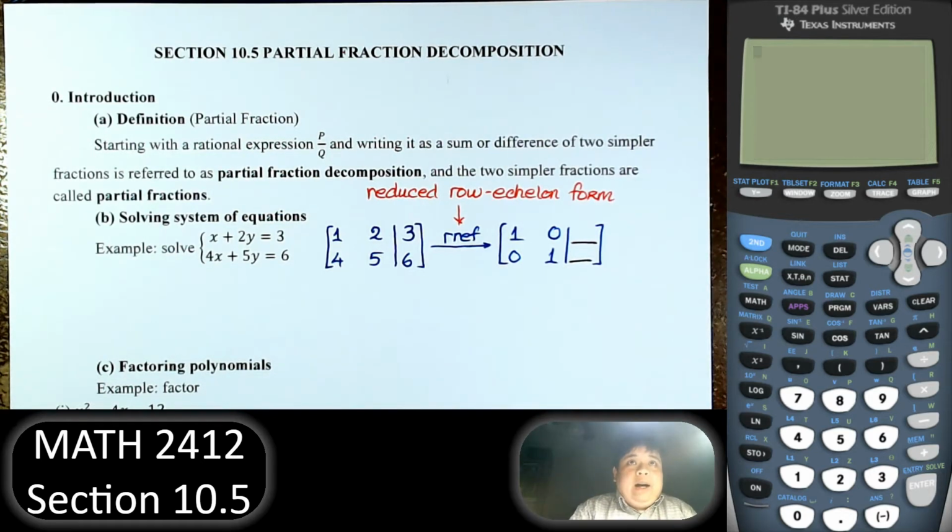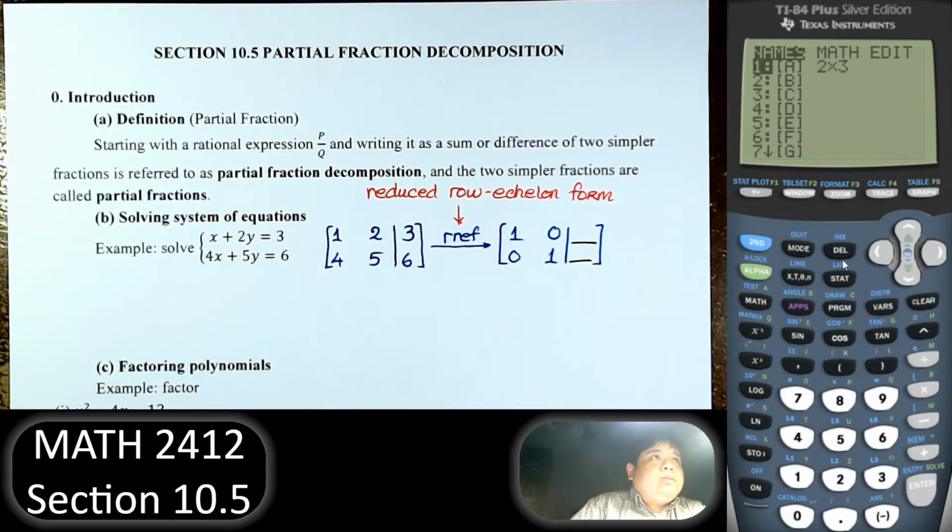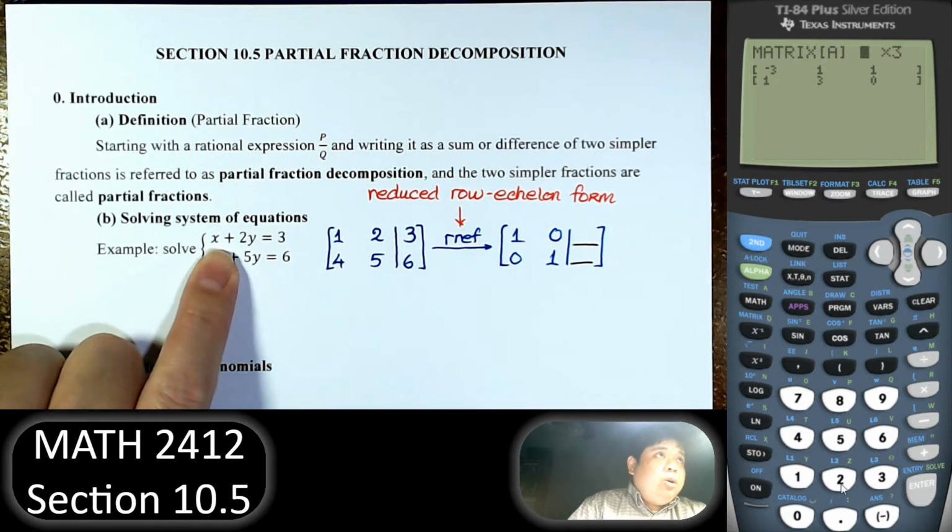So I'm just going to put this in the calculator. We have second, matrix. When you hit second, matrix, on the first tab under names, this is where all the matrices are listed, and we can recall them from here. If we want to input one, we have to be under edit. Let's edit matrix A, 2 rows, 3 columns.